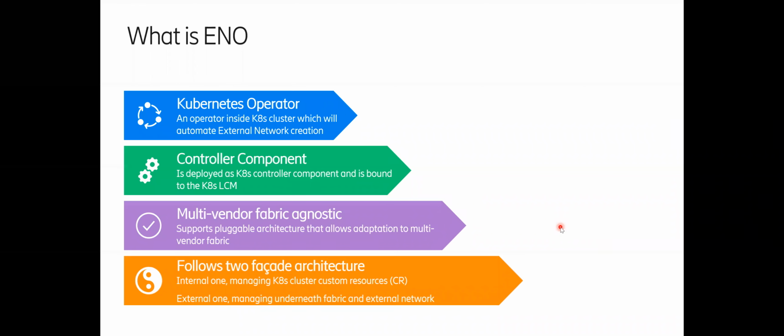It also follows a two-facade architecture: one internally managing the cluster custom resources, like the NAD creations, based on the constructs that the northbound API expects, and an external one that manages the underlying networks and the fabric through the corresponding plugin.